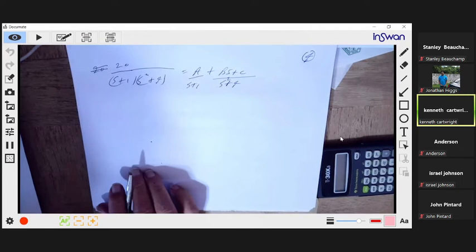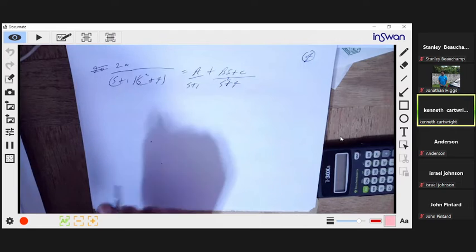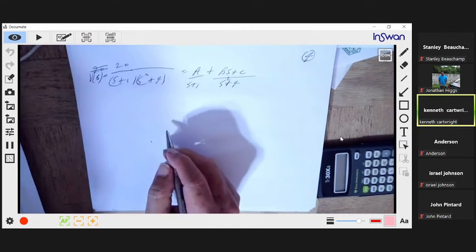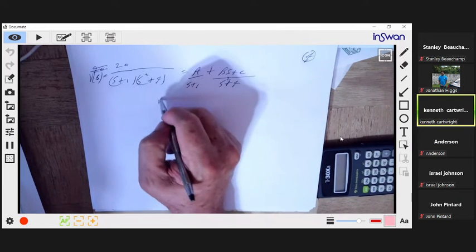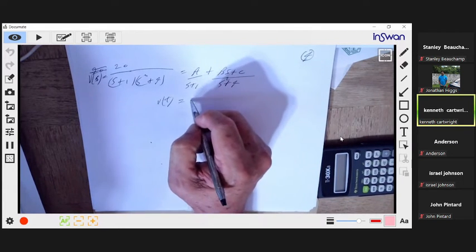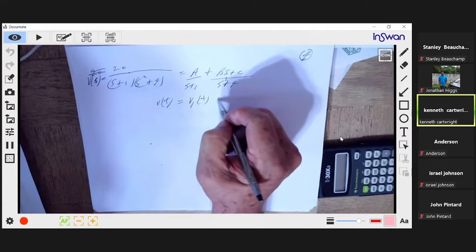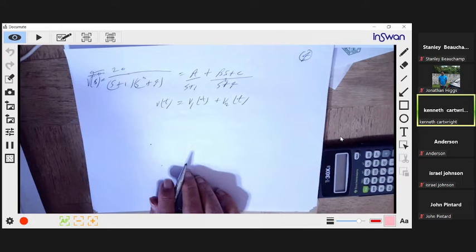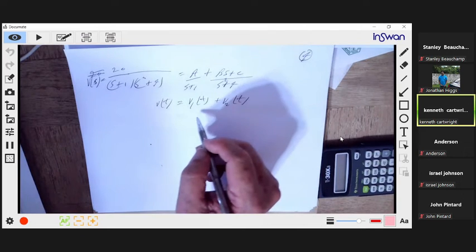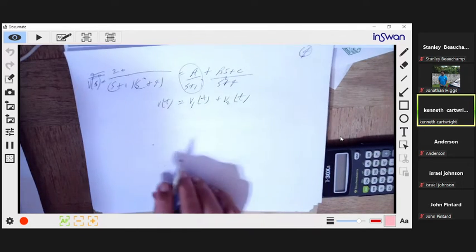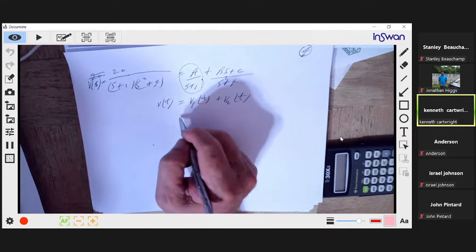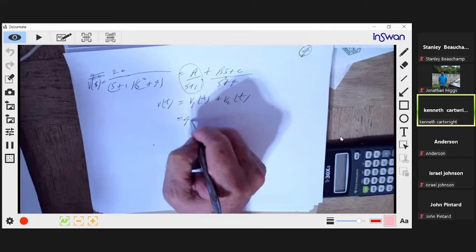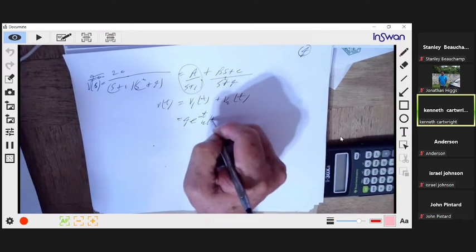So this is V of S. V of T then is going to consist of two parts, V1 of T and V2 of T. Clearly in this context, V1 of T is the inverse Laplace of that, which we found to be 4 e to the minus t u of t.